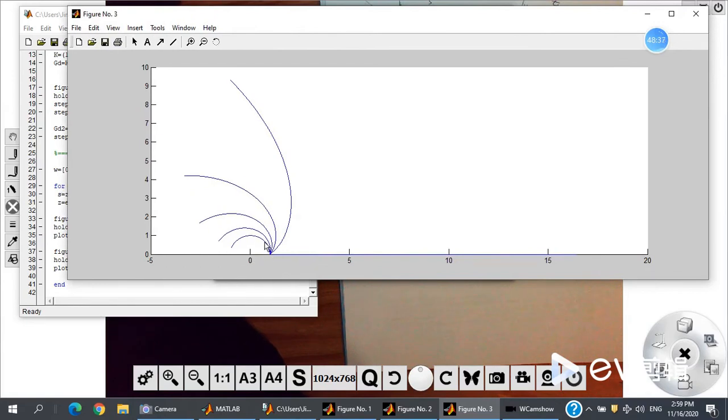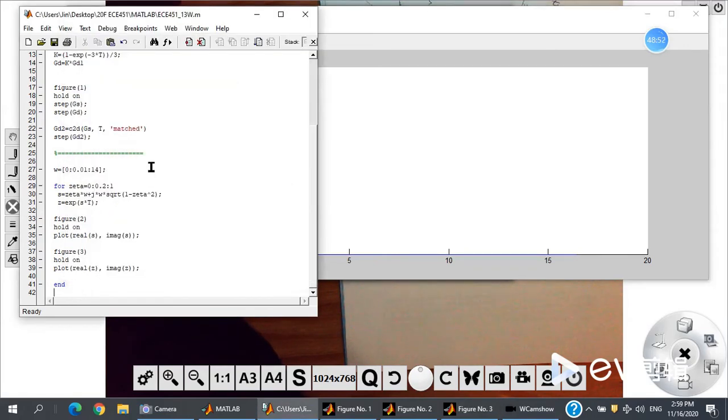When omega increases, this one finally could go over the whole circle, and these curves will turn around and get larger and larger. Right, the circles will be larger and larger. We can just look at one.